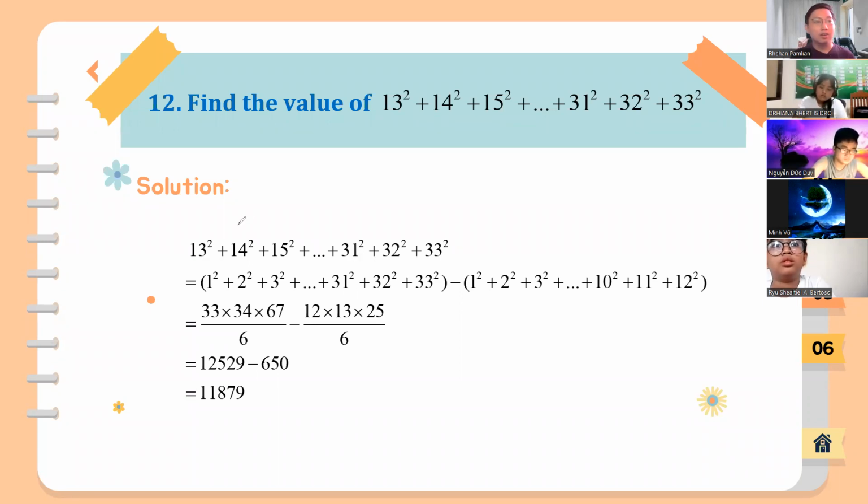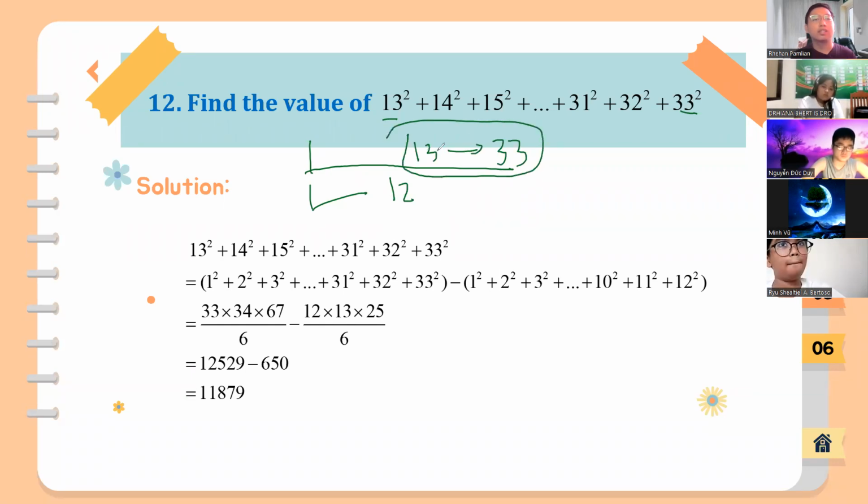Because the problem is looking for 13 to 33, if we can get 1 to 33 and then subtract 1 to 12, you'll get 13 to 33. That's the idea between series of sequences. This is the concept of series. You'll learn more about that, Kyle, when you go into higher levels of math.